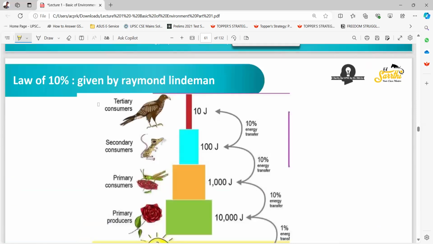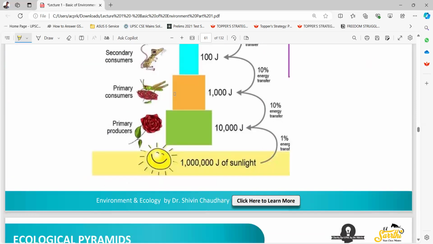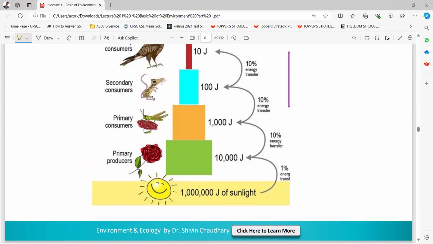Law of 10% given by Raymond Lindeman. 10 lakh joule of sunlight. Primary producers, 10% energy transfer, that is 10,000 joule.